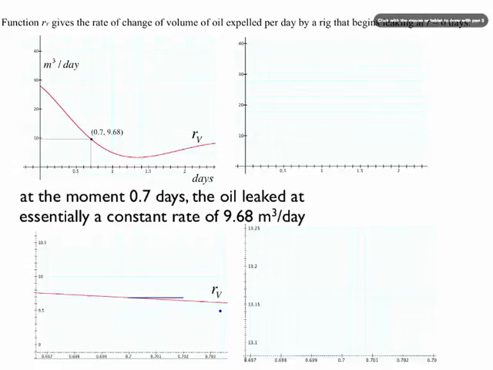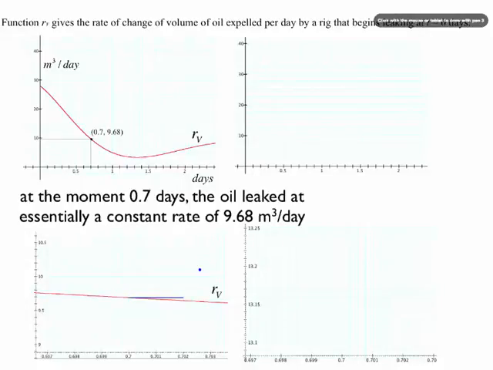So that blue segment is showing that at the moment 0.7, we have essentially a constant rate. All through this interval from 0.7 to 0.702, we're taking the rate of change to be constant at 9.68. Okay?